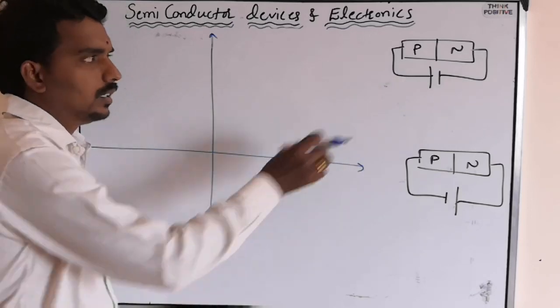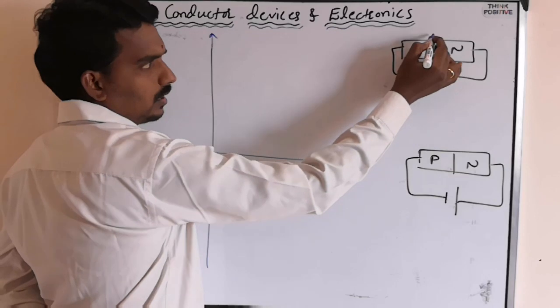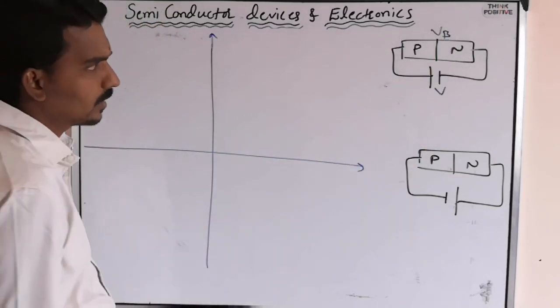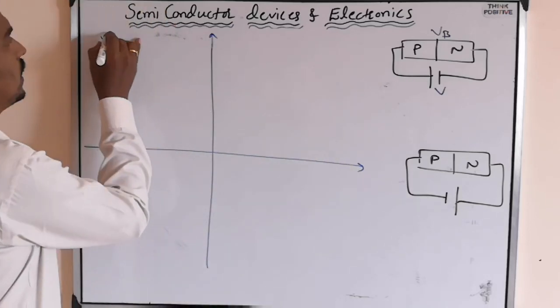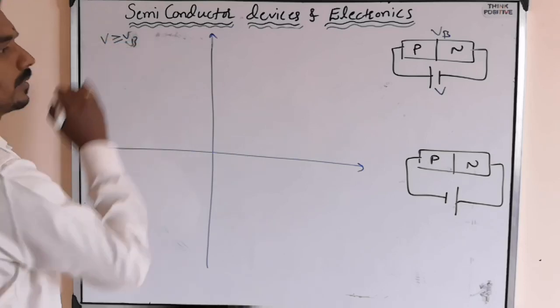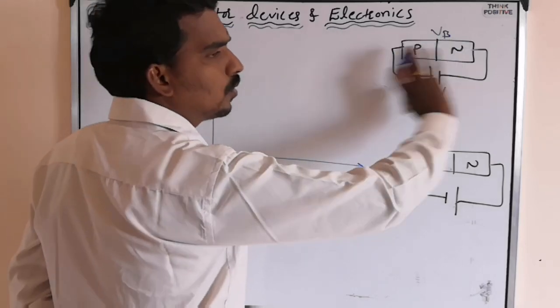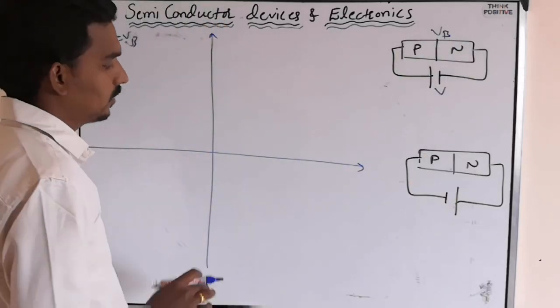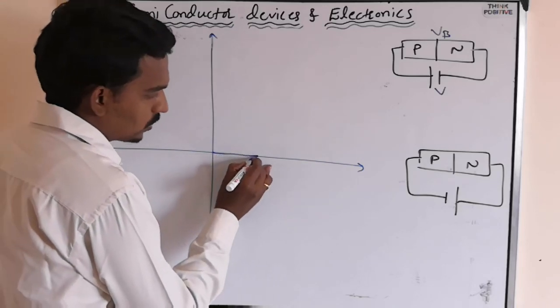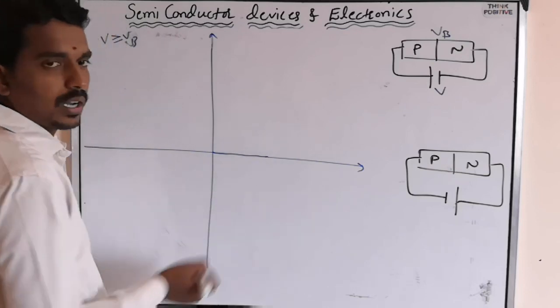Now here, see, the barrier potential is VB and this one is V. The first thing is V should be greater than or equal to VB, then only there is current. Otherwise, no passage of electricity. So see, initially up to some voltage there is no current.